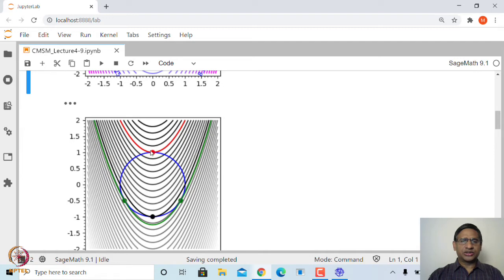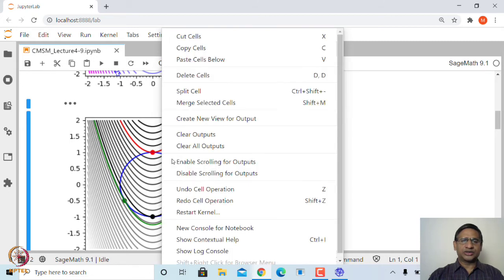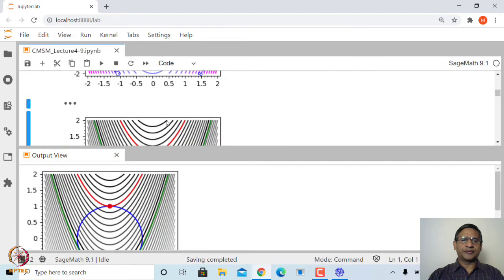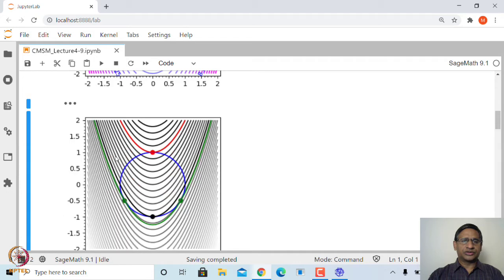So, this seems to be one prospective candidate for minimum, this seems to be one candidate for maximum, and at these points f and g have a common tangent, which is same as saying the gradients of f and g at these particular points will be parallel to each other.